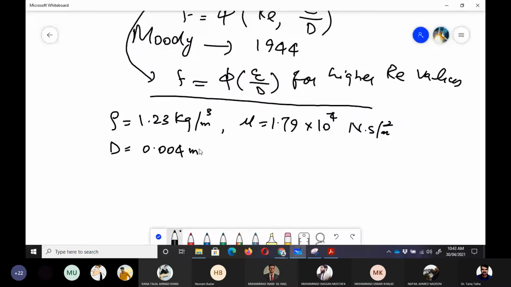Sorry, the epsilon value is 0.0015 meter.